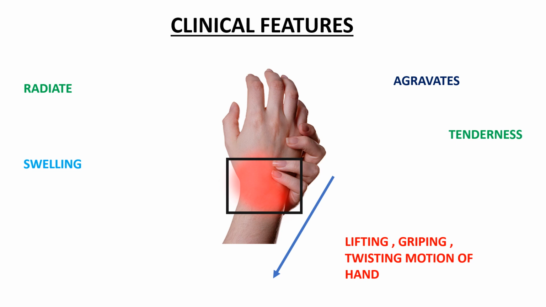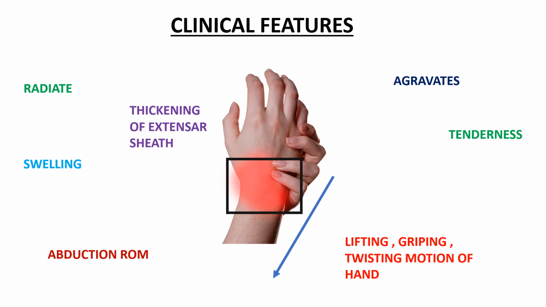Patients complain of tenderness at the radial styloid process area, and therapists can find decreased CMC abduction range of motion of the first digit, thickening of the extensor sheath of the first dorsal compartment, and patients also complain of paresthesia and weakness of the hand.